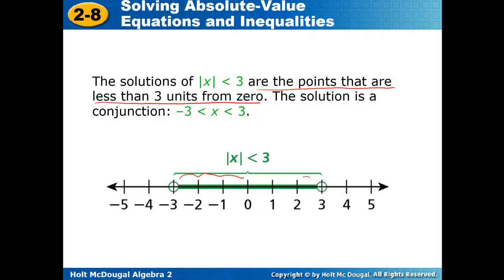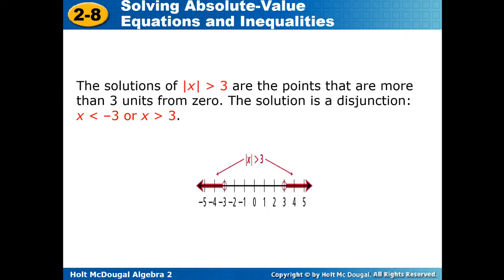And all of this is less than 3 units from 0. So when we have a less than sign up here, we're going to actually be doing a conjunction. So we're going to be having an and statement. So we'll have 2 equations, but they're going to be headed towards each other.